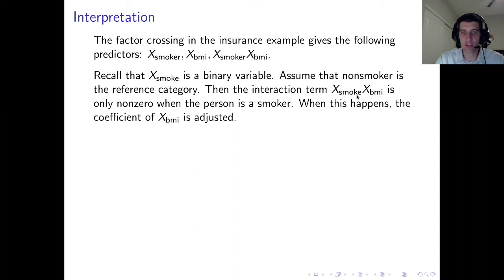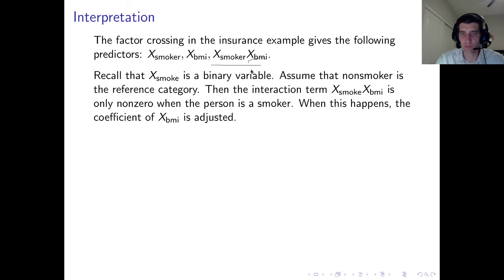The interaction term is only non-zero when the individual is a smoker, because it is this binary variable times some predictor. So this whole BMI term is only being added in when the person smokes, because otherwise it is 0.